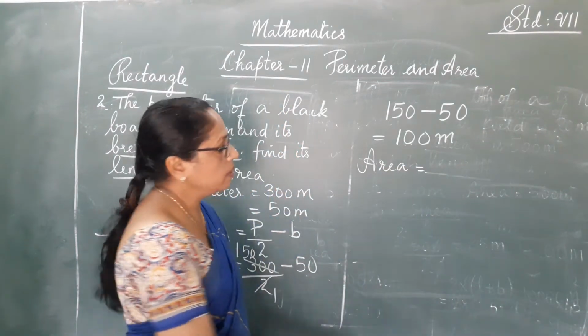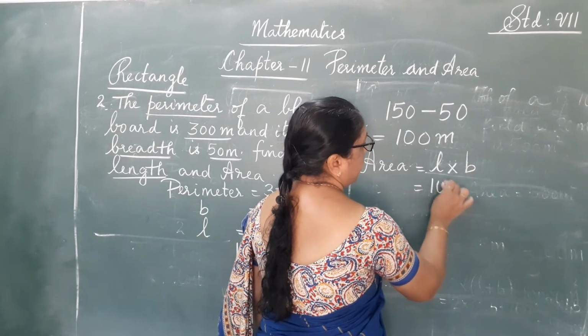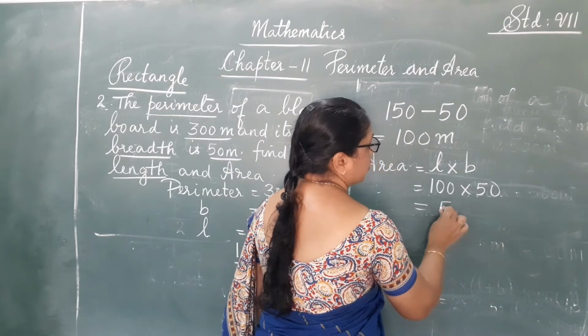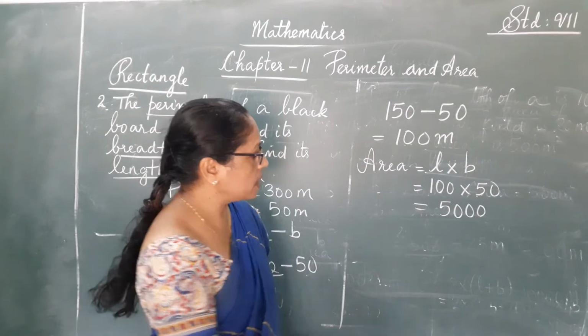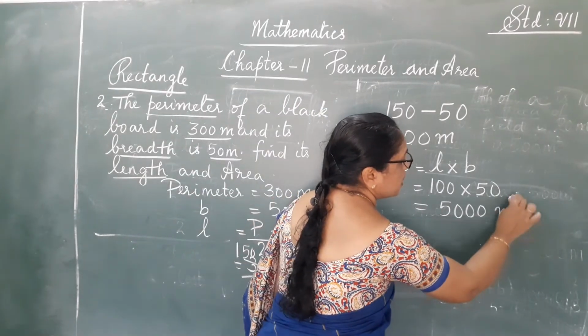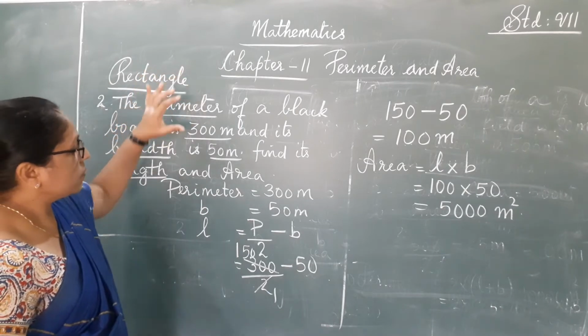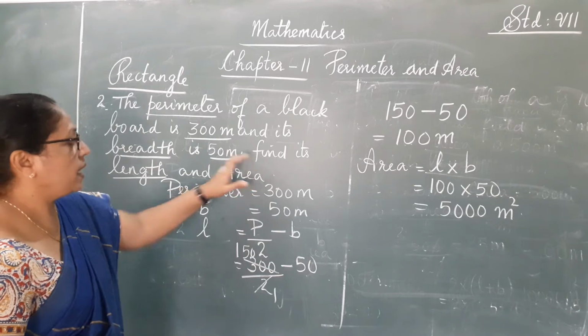Area is equal to, yes, length into breadth. That is 100 into 50, which is equal to 5,000 units. What is the unit? Meter square.